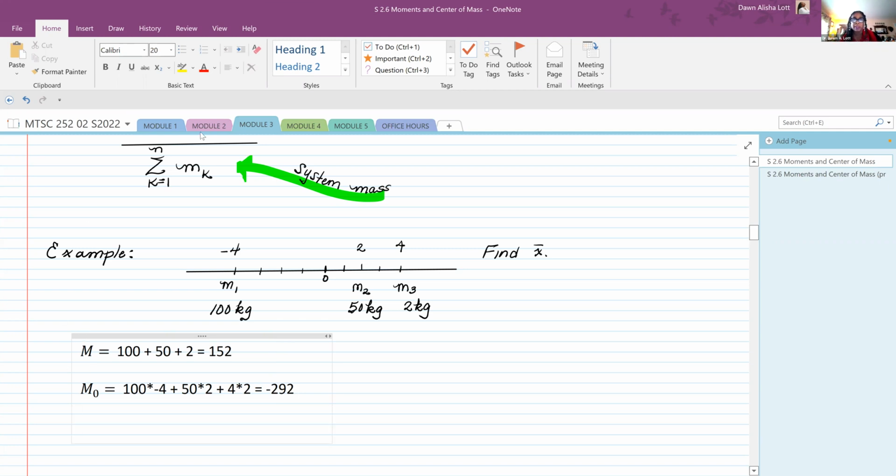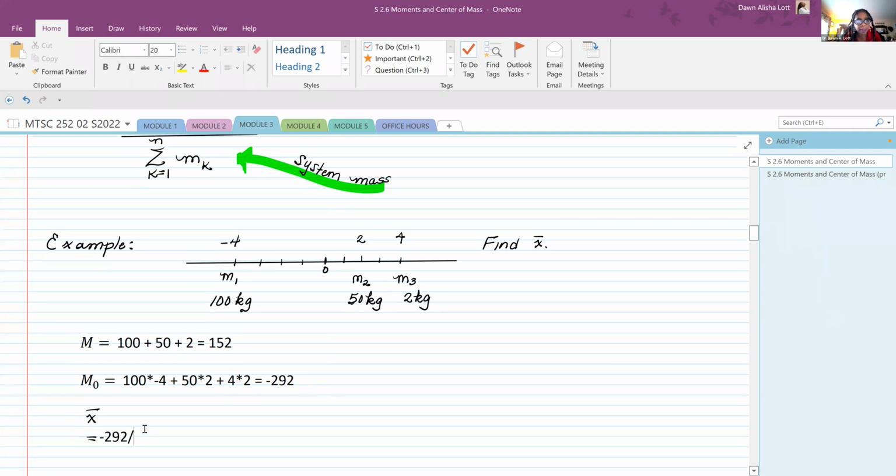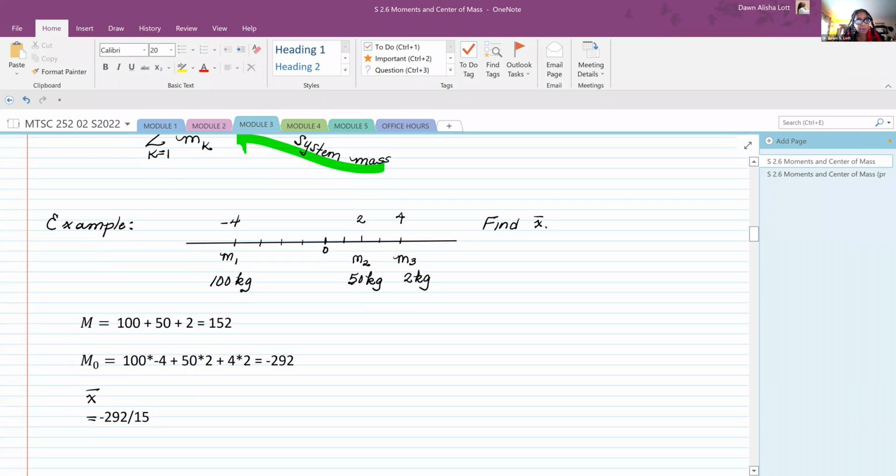So now I can honestly say here, X bar is going to equal -292 divided by 152.